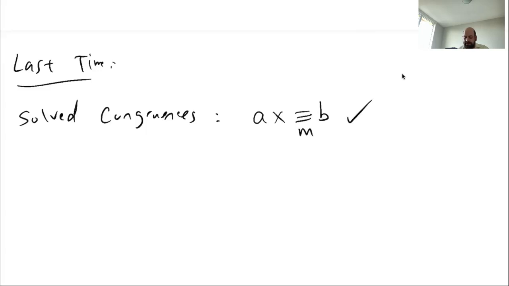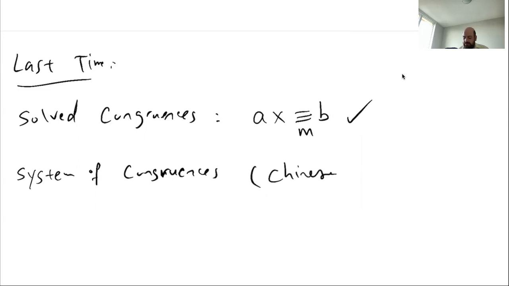And we also looked at systems of congruences, which we called the Chinese remainder theorem. So the Chinese remainder theorem looked at a system of congruences.